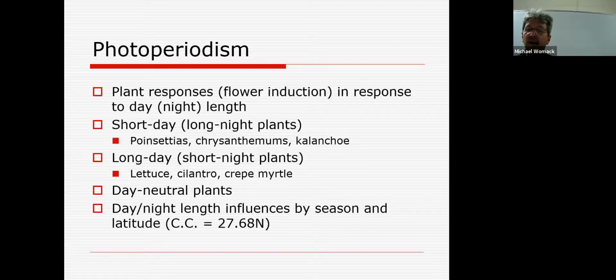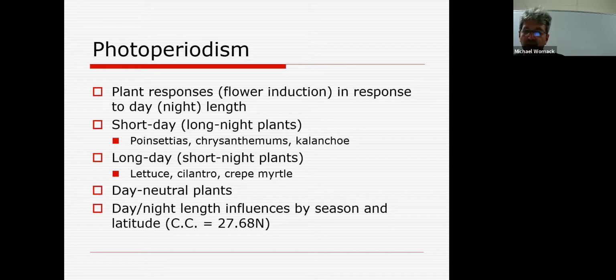For us, the season influences the day length because, as you know, as we move into winter time in the northern hemisphere, our days get shorter and our nights get longer. So where we are, that's going to be important. And when you hit the equinox, that's when you're split.